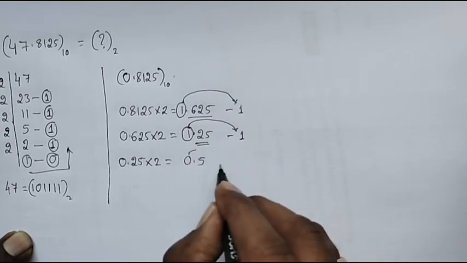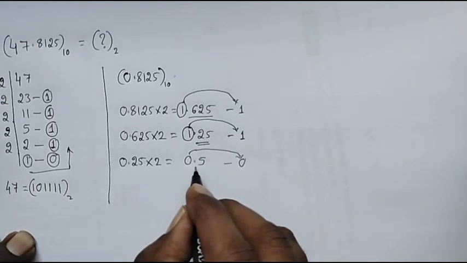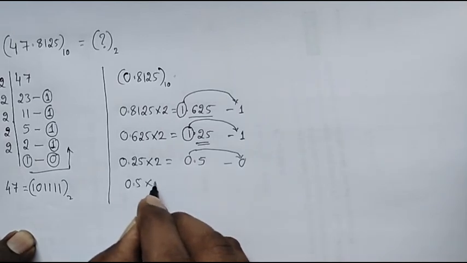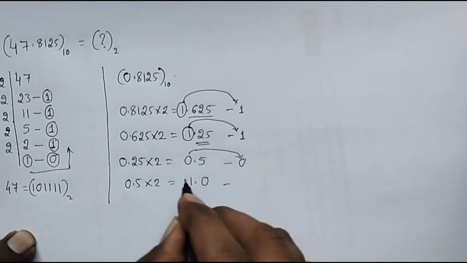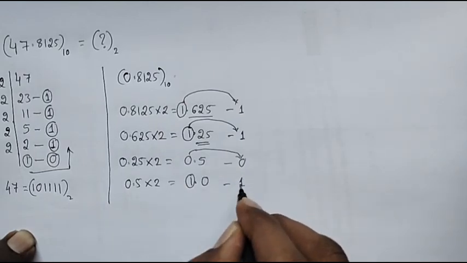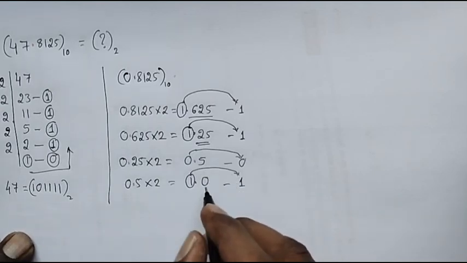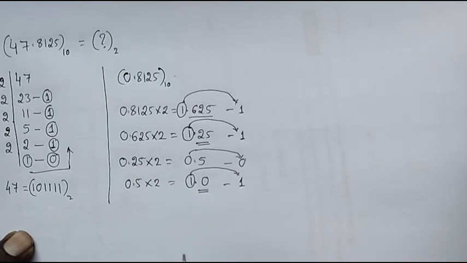Represent this 0 here. Now consider 0.5. Again multiply by 2, we get 1.0. 1 can be represented here. Once we get 0 at the fraction part, we have to stop this process.